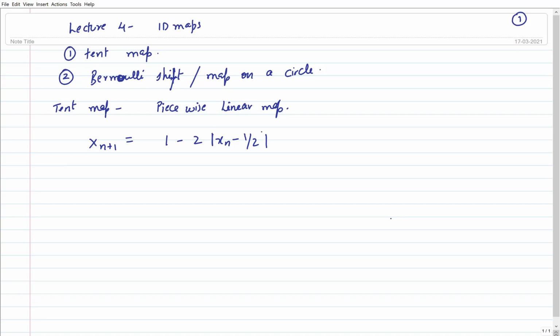This simplifies to, or I'll just write down the thing as, 2xn for xn less than half and 1 minus xn for values of xn greater than half.